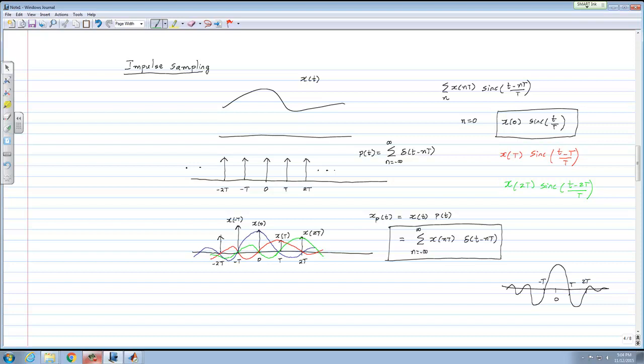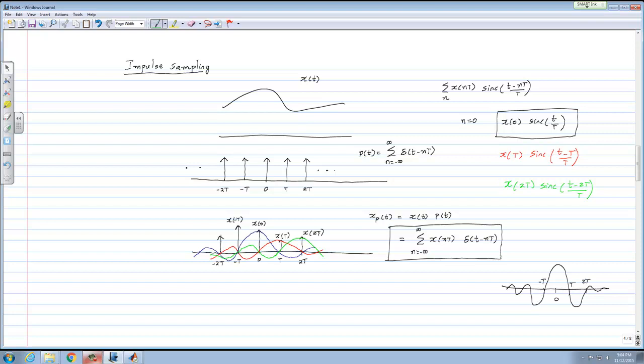Okay? But look at the beauty of the sinc function. Wherever you have sampled the signal, at 0, T, 2T, so on and so forth, any reconstruction algorithm should not mess up these values. When you reconstruct your signal, you know at time T you had a sample, and any reconstruction should not mess this value up, because wherever you sampled it, your values have to match x of t.